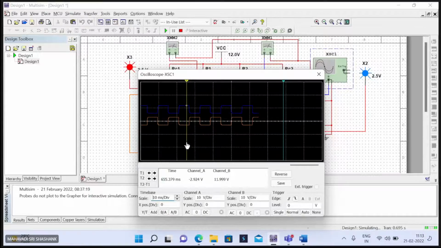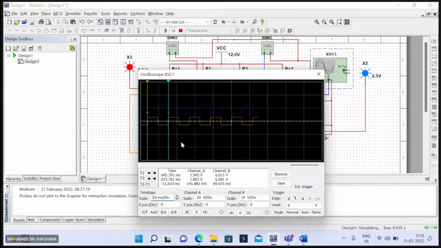Harsh, are you getting something? I'm trying it. Ma'am, it's 150 hertz. 150 hertz.